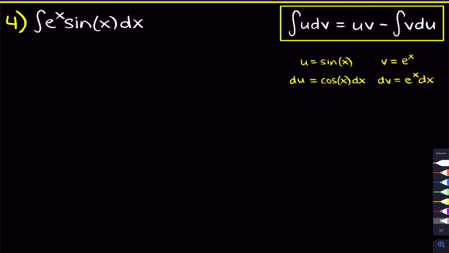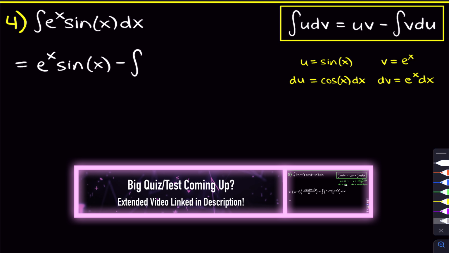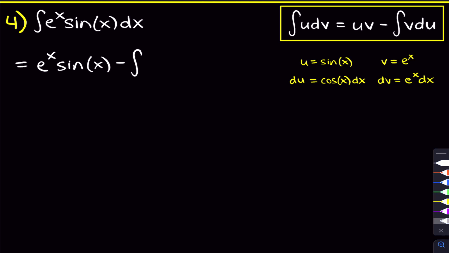We get that this integral is equal to u times v, which is sine of x times e to the x, and I'll write that as e to the x sine of x. And that's going to be minus the integral of v du. v is e to the x, and du is cosine of x dx. So we get e to the x cosine of x dx.